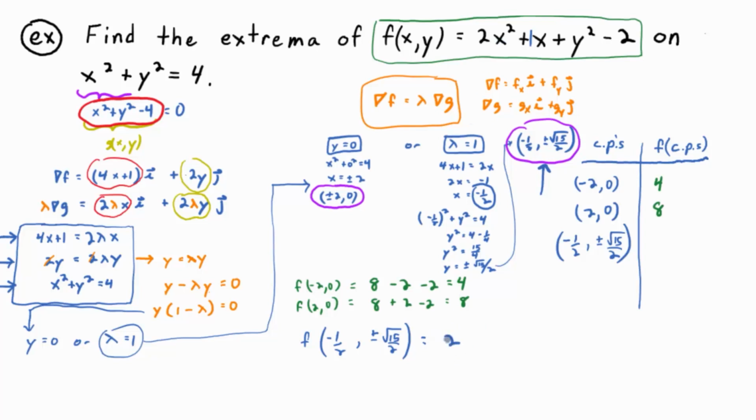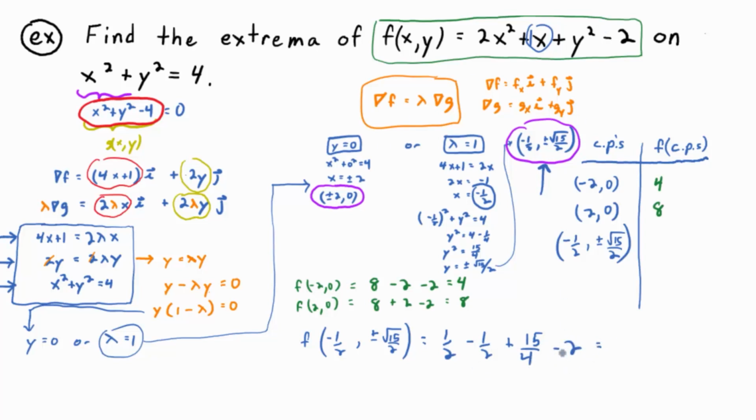2 times 1/4, because you're plugging in -1/2 for x. So 2 times, yeah, let's just go right to 1/2. And then plus -1/2, that's nice, when you plug in right here. Plus, okay, y squared, either way you do it, plus or minus root 15/2 turns out to be 15/4, and then -2.